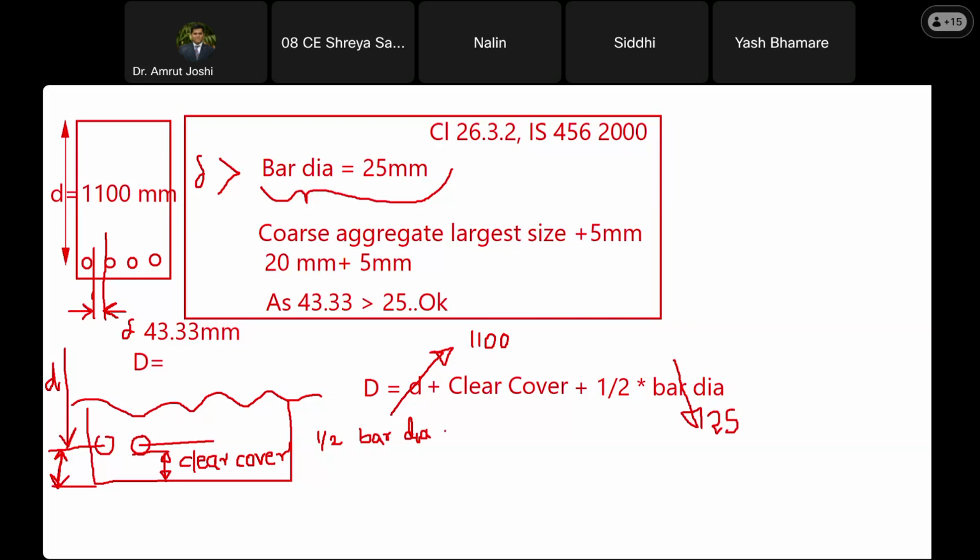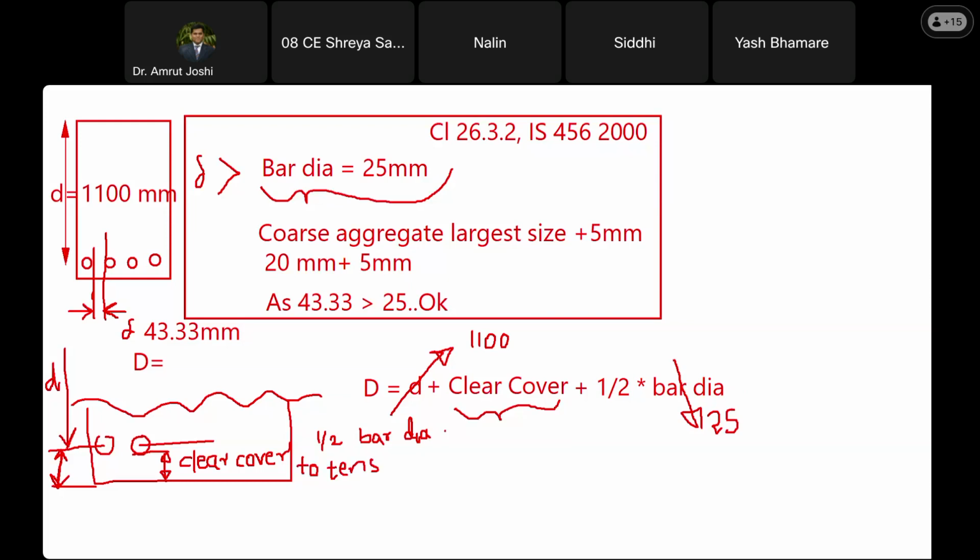The question is, how do I decide clear cover? Happy? Yes. So now I have to decide. Instead of calling it clear cover, the more precise term is clear cover to tension reinforcement. Are you with me?